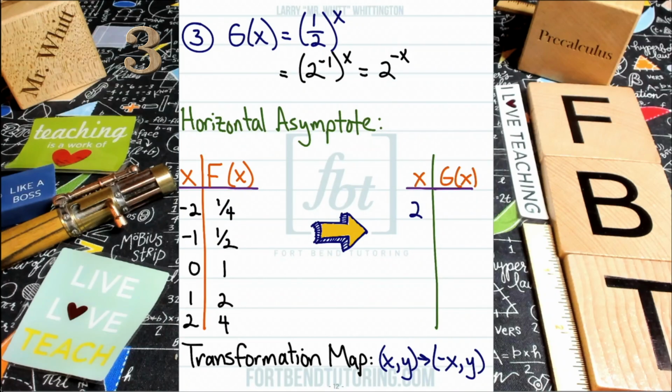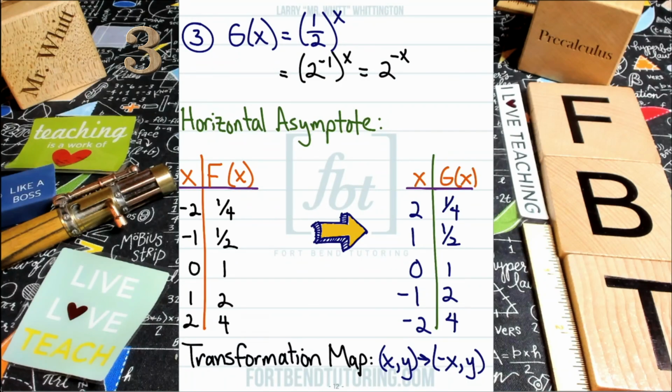So I'm going to have a positive 2, a positive 1, 0, negative 1, and negative 2, while your y values remain the same. So we'll bring over 1/4, 1/2, 1, 2, and 4. So that's what we have for our new function of x.